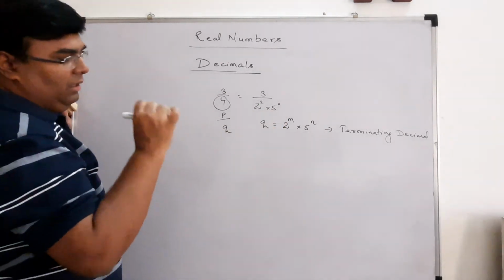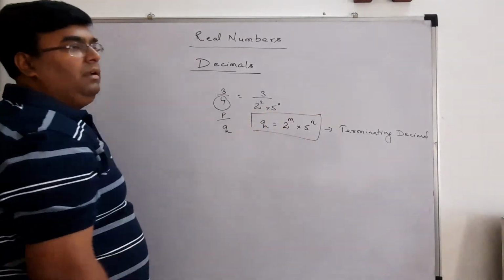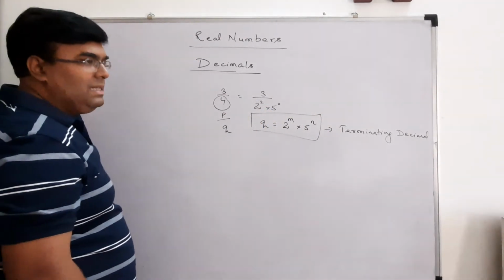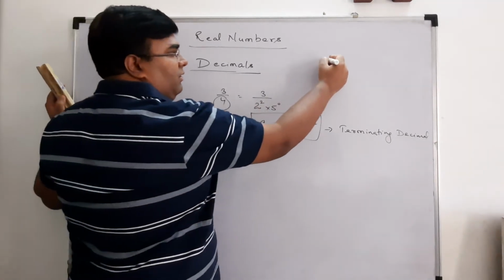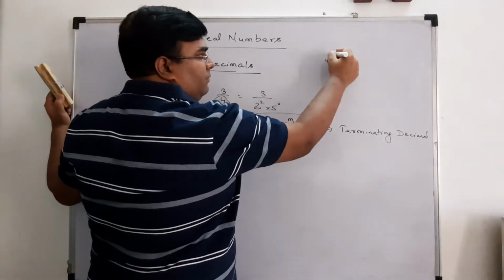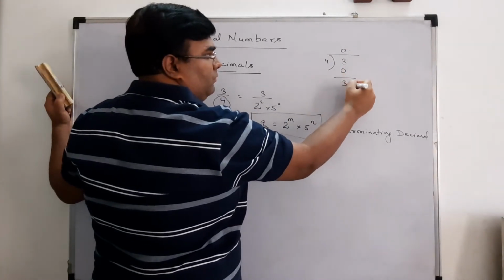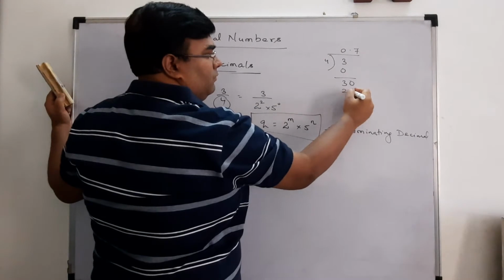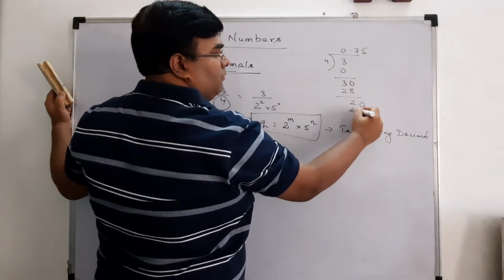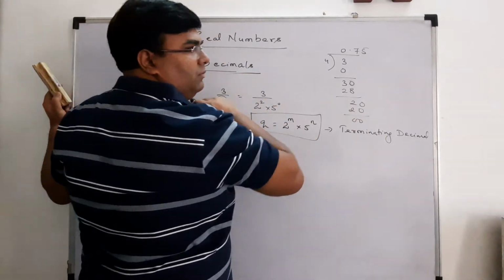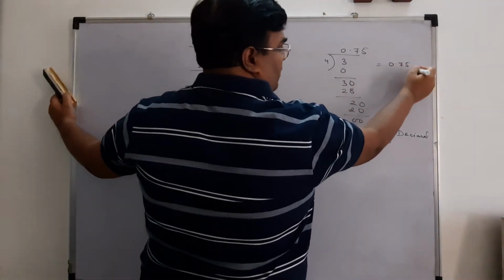So whenever the denominator is in this form, we can say that it is terminating, else it will not terminate. If you divide 3 by 4, the answer is 0.75.